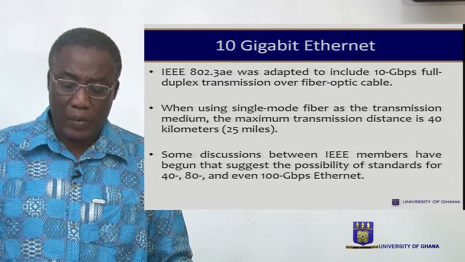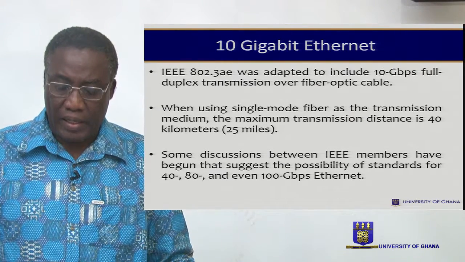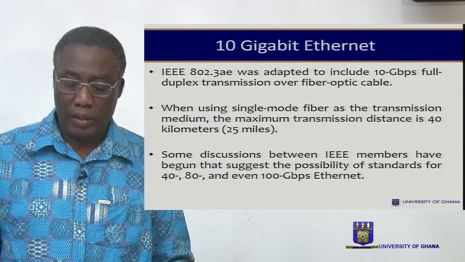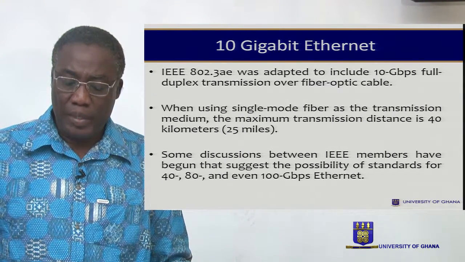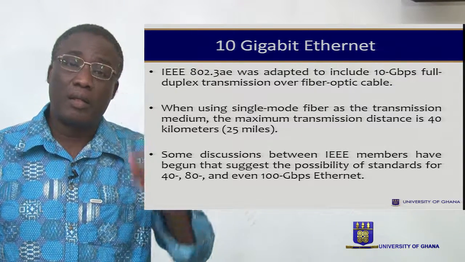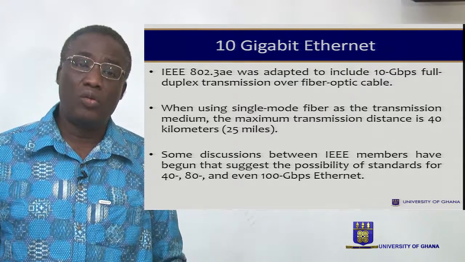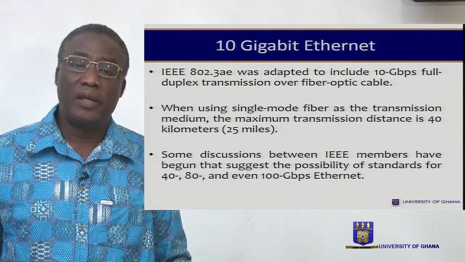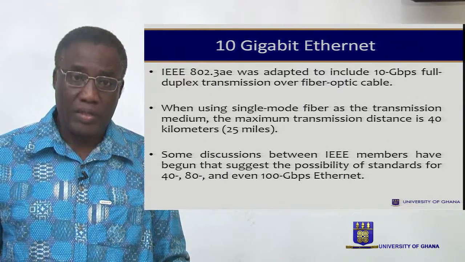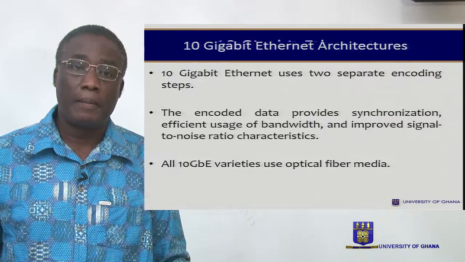10 Gigabit Ethernet is the latest generation and delivers a data rate of 10 gigabits per second. That is 10,000 megabits per second. A fiber optic or twisted pair cable can be used. The 10 gigabit per second Ethernet is mainly used for backbones in high-end applications that require very high data rates. There are attempts to now introduce a 40, 80, or even 100 gigabits per second Ethernet, and research is seriously ongoing.